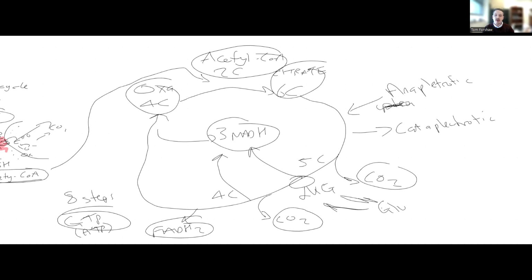So anaplerism, you're adding to the TCA cycle. Cataplerism, you're taking out of the TCA cycle. And there's a few of these. A really classic example is alpha-ketoglutarate can shuttle in and out. Sometimes you need to make amino acids, sometimes you break down amino acids to supply energy. So you can go back and forth between them.